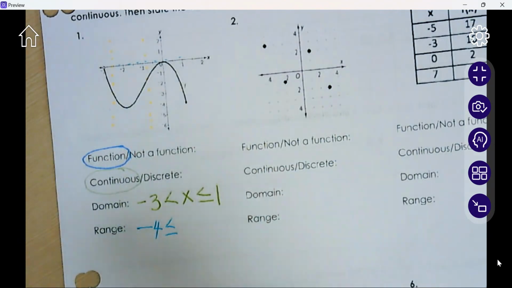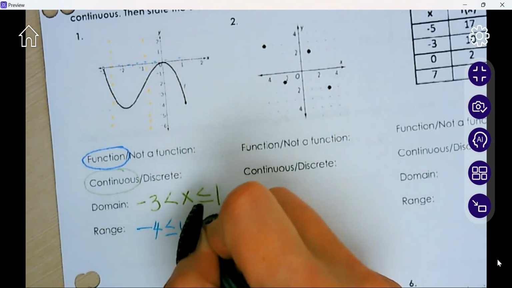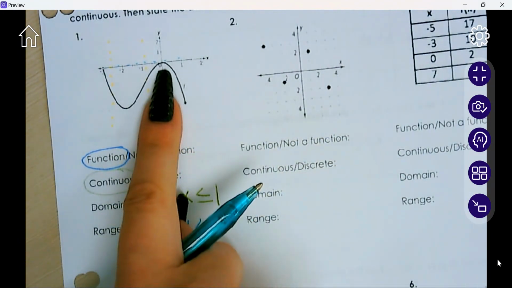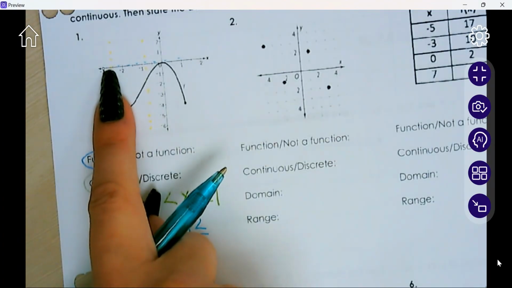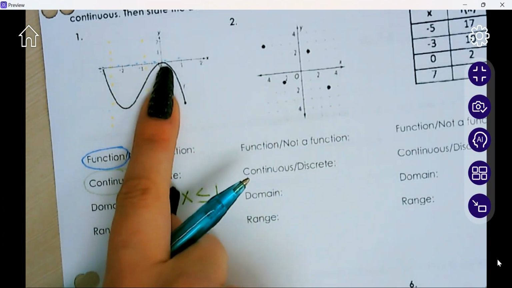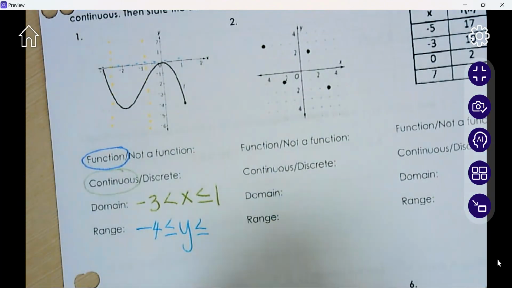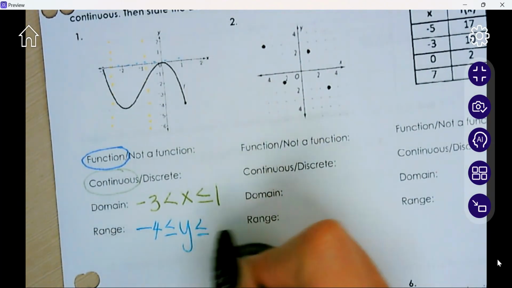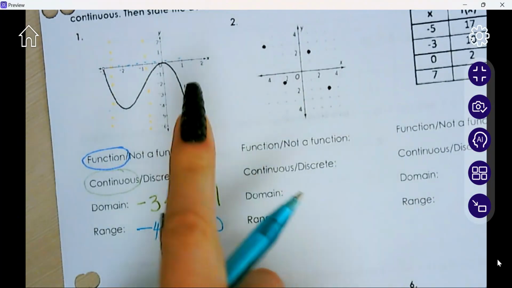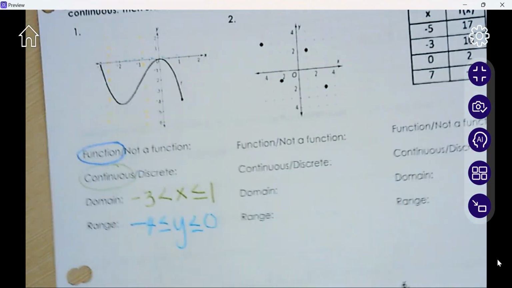It can be less than or equal to. And the highest point is 0. Although there is an open circle here, because this is a line, I have a value of 0 right here. So I can have a y value of 0 because of this line. This is the only reason why it has the line below, because of this line right here.